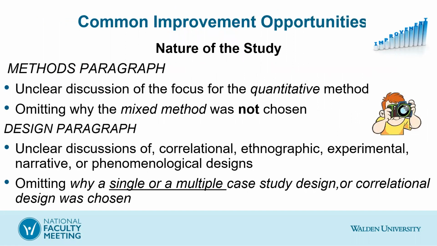The nature of the study. The nature of the study in the Prospectus starts and it identifies the method and the design, and we write a paragraph on each one.